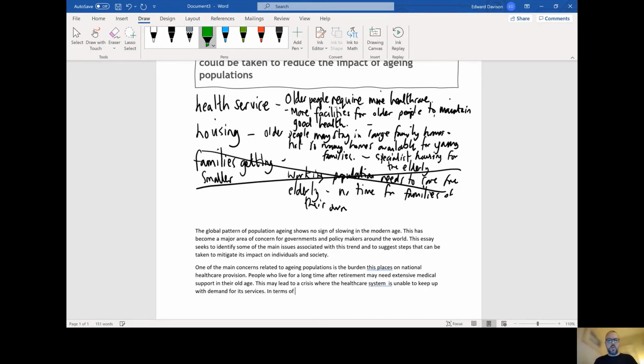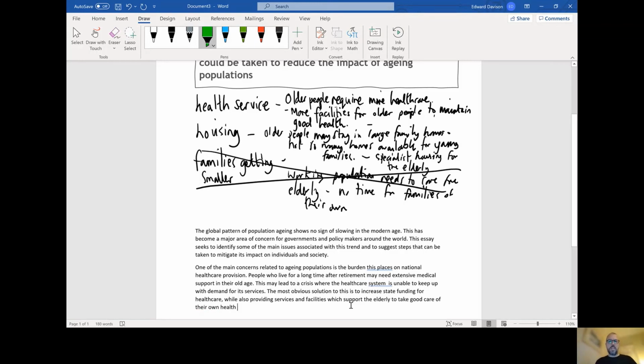In terms of solutions to this for individuals, the most obvious solution to this is to increase funding, increase state funding for healthcare, while also providing services and facilities which support the elderly to take good care of their own health.